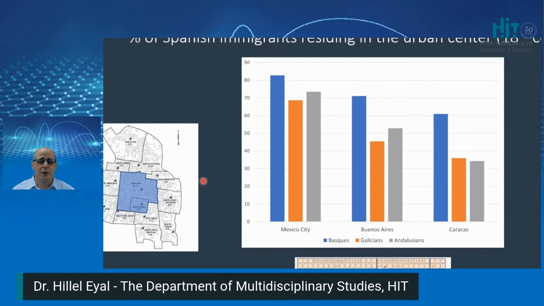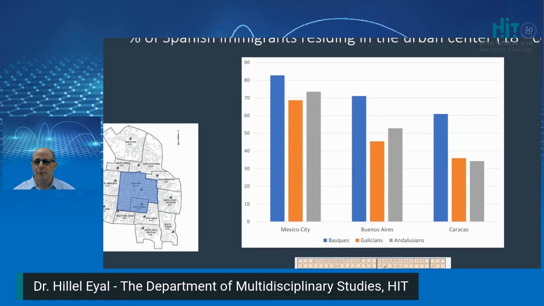So here we see this chart again, Mexico City on the left-hand side, and here's Buenos Aires and Caracas, and we get the idea that in these two cities, once again, which emerged in the 18th century, we have a greater dispersion of Spanish immigrants.